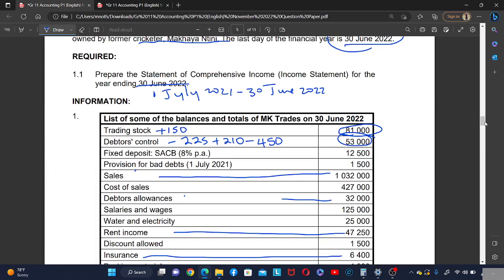You were going to use the balance that you are going to get after you set 52,000 minus 225 plus 210 minus 450. So that is the balance that you are going to use to calculate the provision for bad debt.